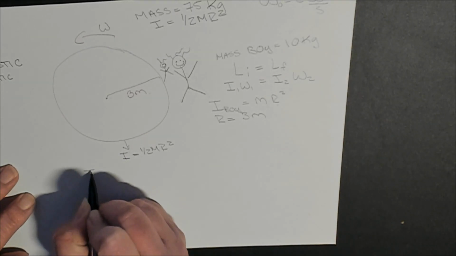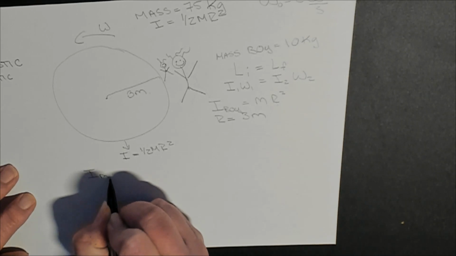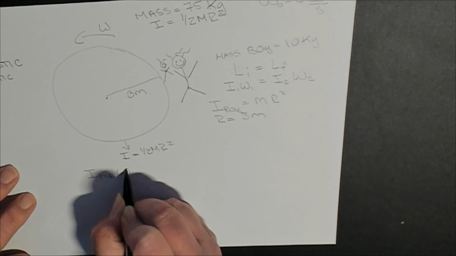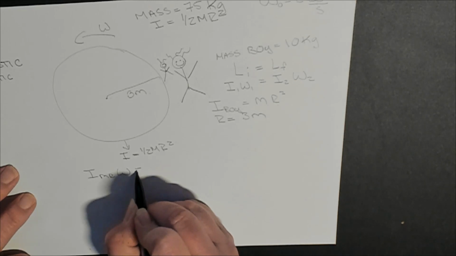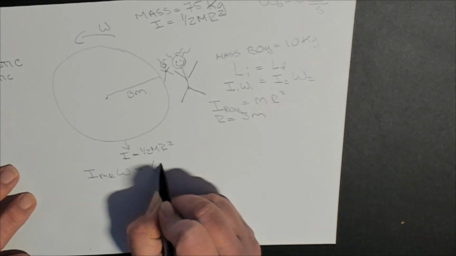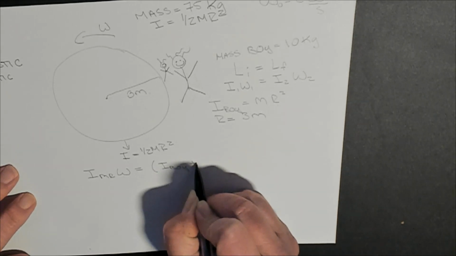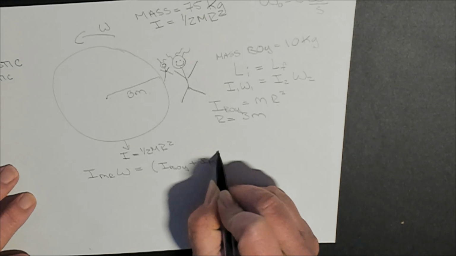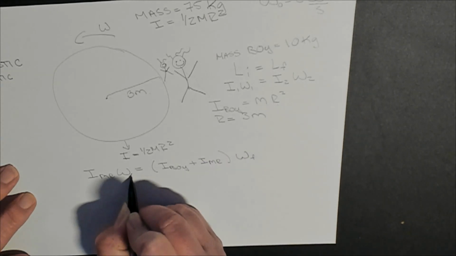I have the inertia of the merry-go-round initially, times its omega, and it's going to go in the end to the inertia of the boy plus the inertia of the merry-go-round times our omega final.